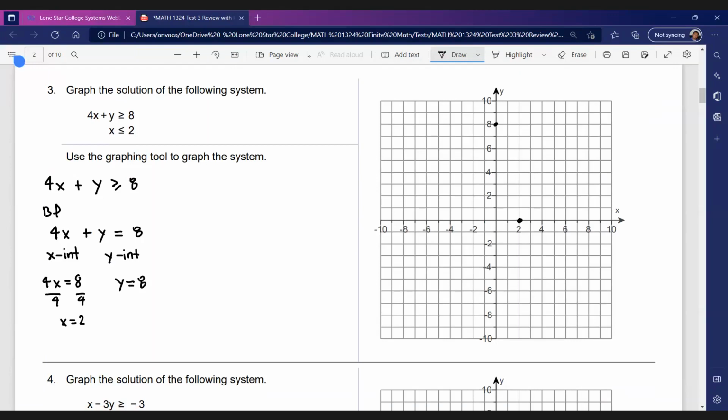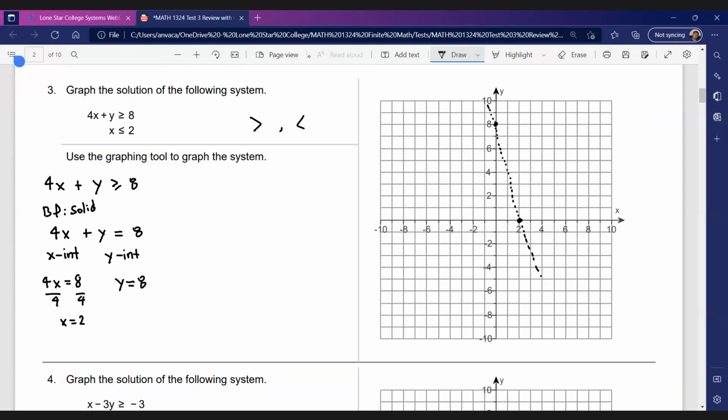Now, once again, the boundary line will be solid for this example because the inequality symbol includes the equal to. If you're wondering, what if it doesn't have the equal to? What if it's just greater than or less than? In that case, the boundary line will be dotted or dashed, okay?